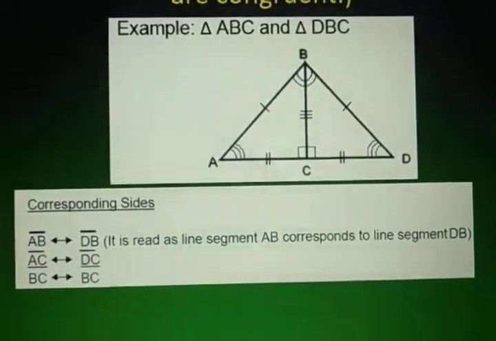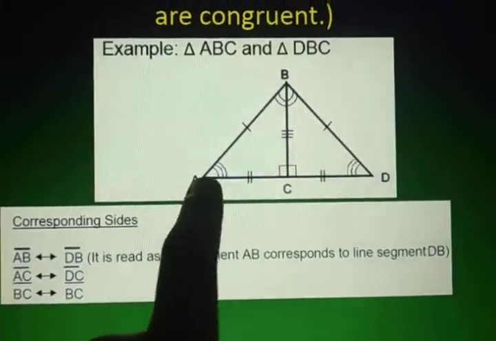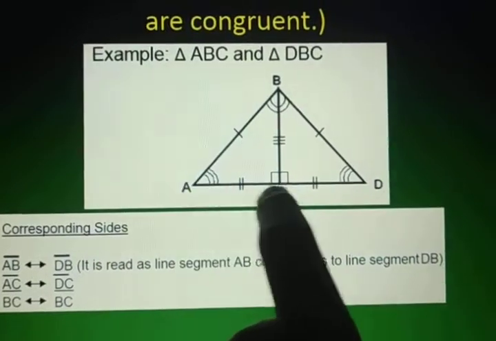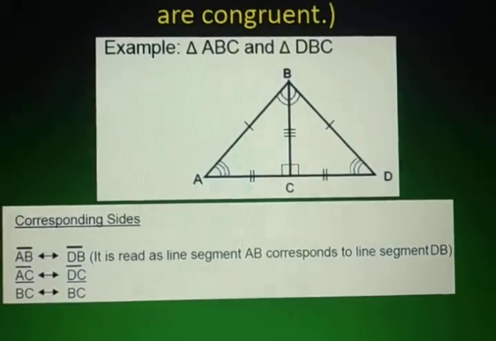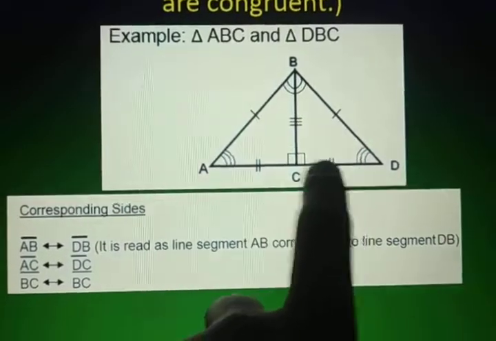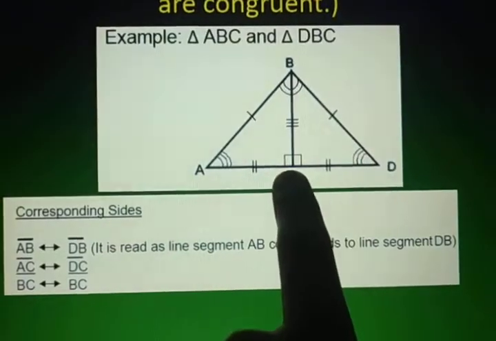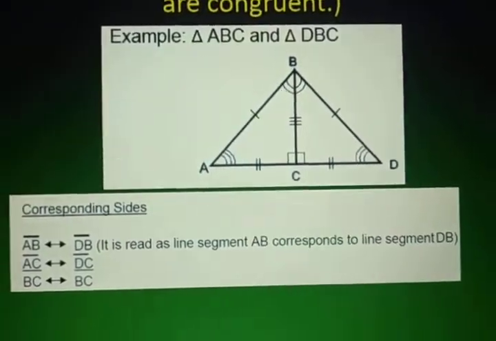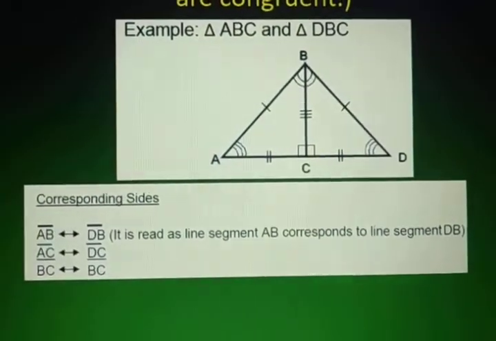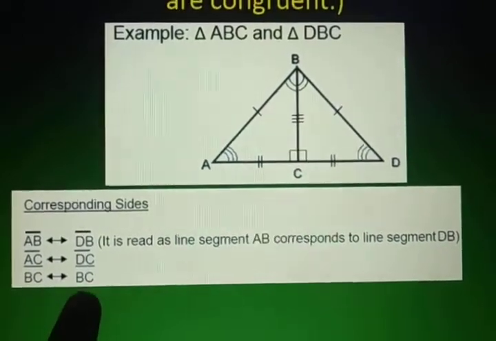Second, the corresponding side is line segment AC, which corresponds with line segment DC because both of them have 2 marks. And the last corresponding side is line segment BC corresponds with line segment BC.